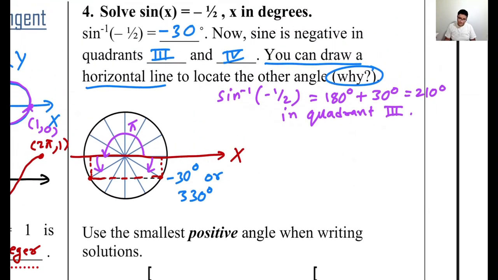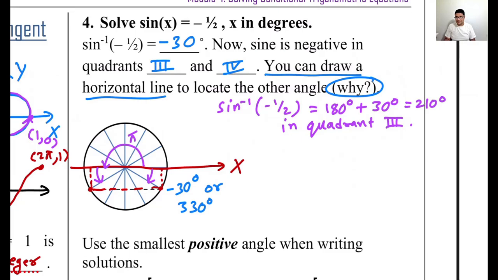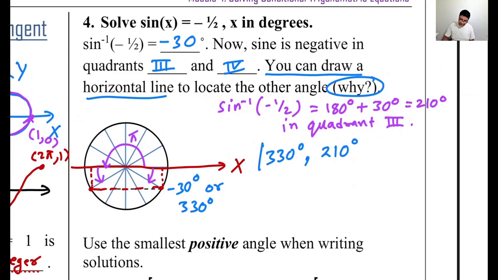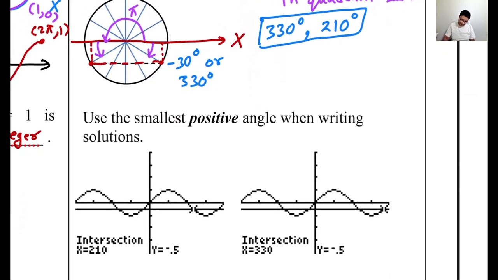So what would be your general solution? The concept is the same. Like cosine, sine is also periodic with period 2 pi. So if two of your solutions are 330 degrees and 210 degrees in the fourth quadrant and third quadrant, these are your base solutions. Now every other solution you can write as that angle plus a multiple of 2 pi or 360 degrees.